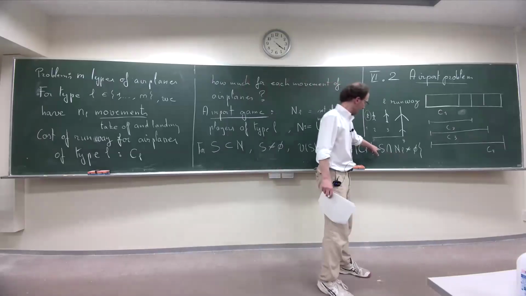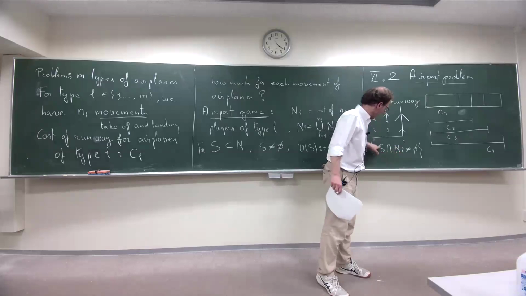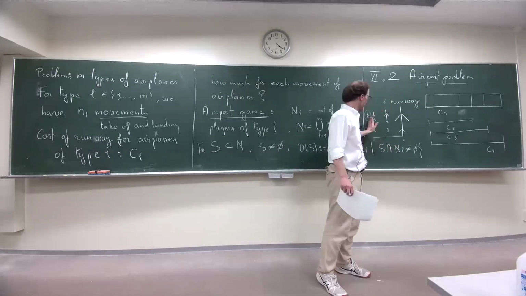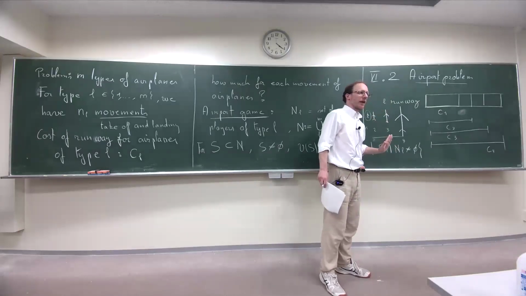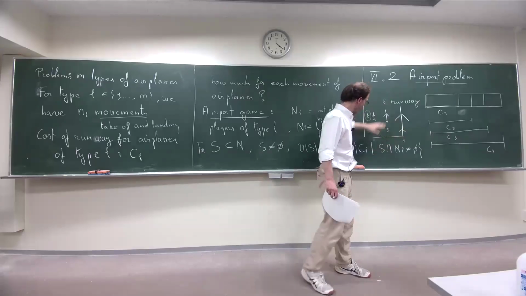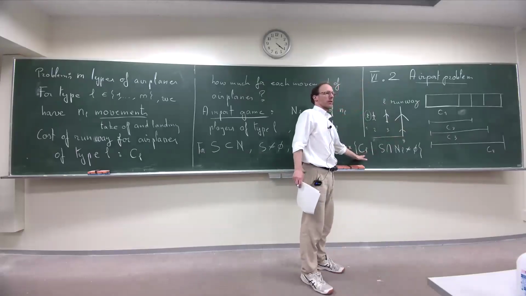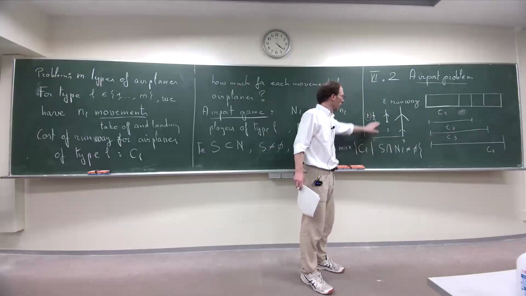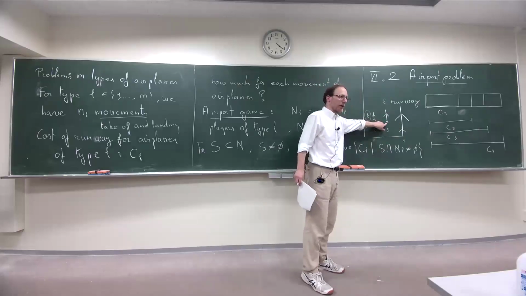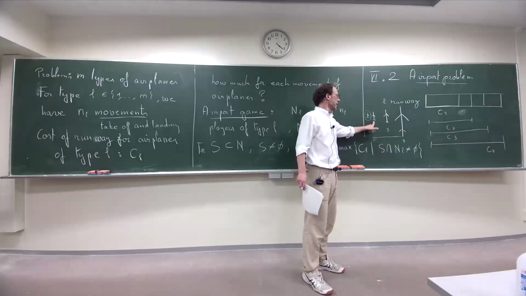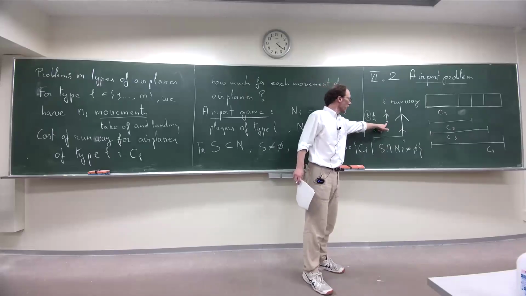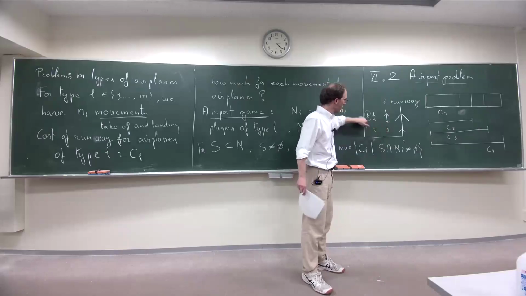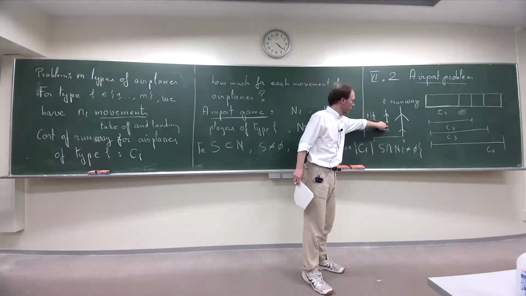So you look at, in S, the different types of airplane and take the biggest one, and it corresponds to the biggest cost. Why is it natural? Because if you have one airplane of this type, then these two can still land on the runway for this one. But if you don't have one of this type and only have this one, you don't want to pay for the runway of this one.